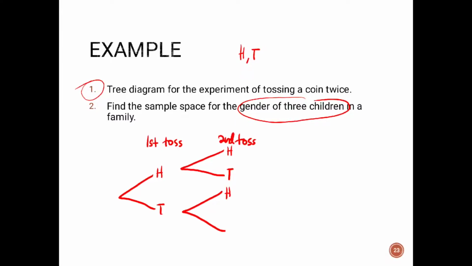Now as you can see, by drawing a tree diagram, you can straight away list the sample space. The sample space is 4. There are 4 options in the sample space.